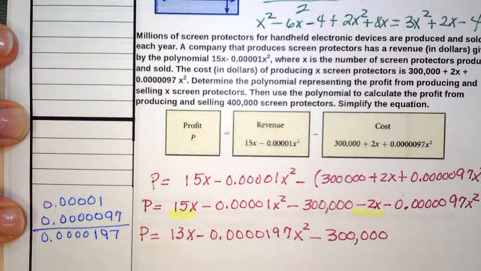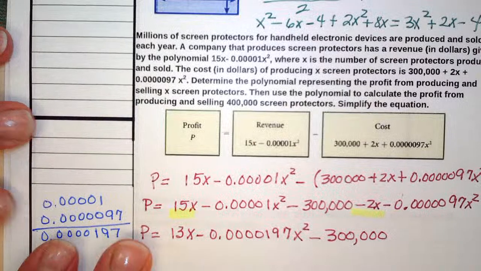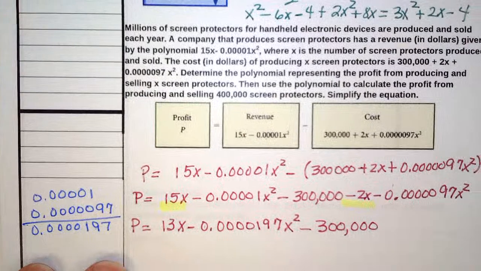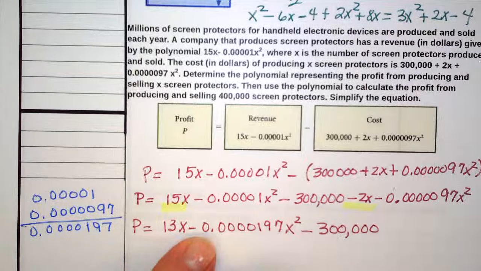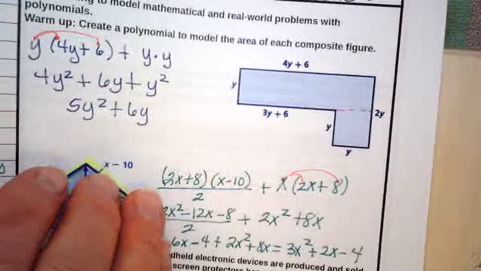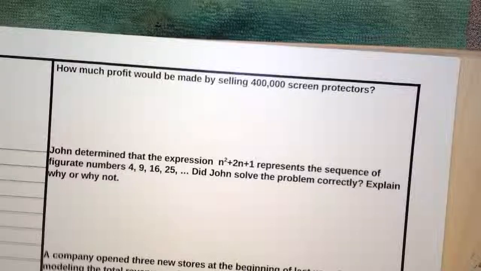Okay, now on the next page we are going to use that equation and find out how much money they make on 400,000 screen protectors. Those are some really small numbers and really big numbers. So step 1 will be to rewrite the equation.